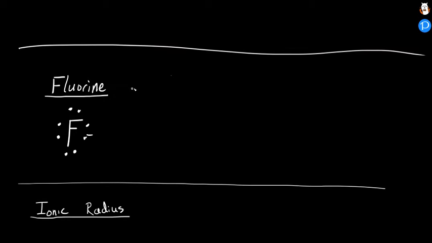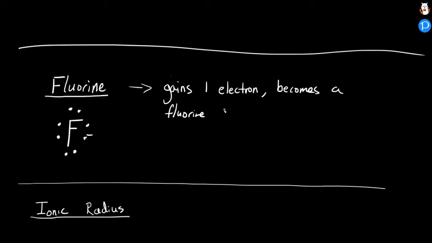So in this case, fluorine gains 1 electron and becomes a fluorine ion with a charge of -1, because it's got one more negative charge than positive charges.